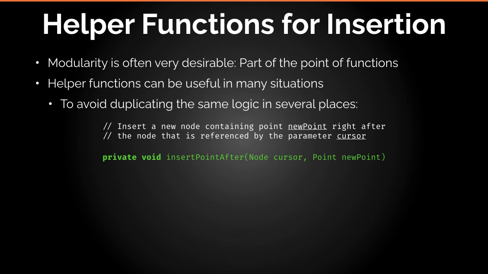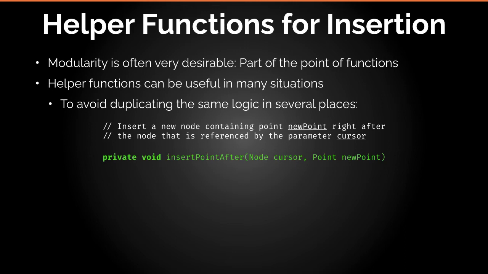So in both insert nearest and insert smallest, I have to do this operation where once I found the point that is the good point, the one where I want to insert after, then I have to create a new node, put the point in it, and then attach it between this point and the one after.